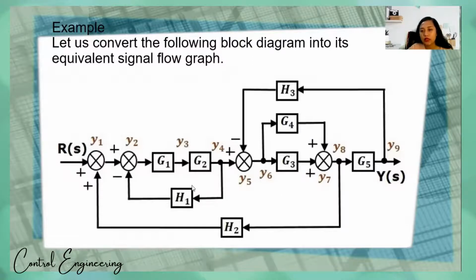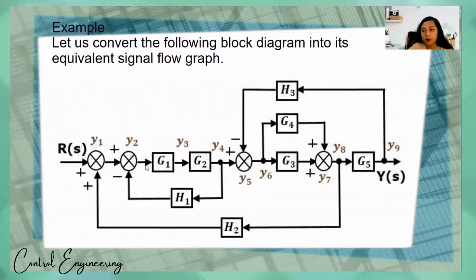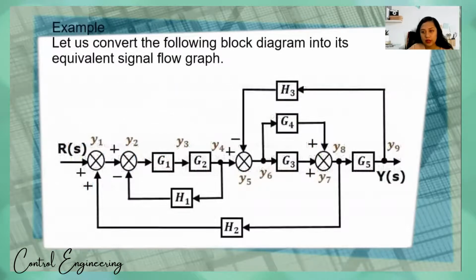Then ito na yung ating mga H1, H2, part of the branches. So represent the input signal as R(s) and the output signal as C(s). So, R(s) input, then C(s), output signal. Okay?